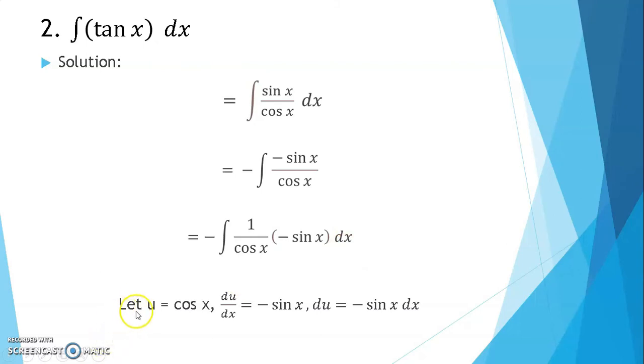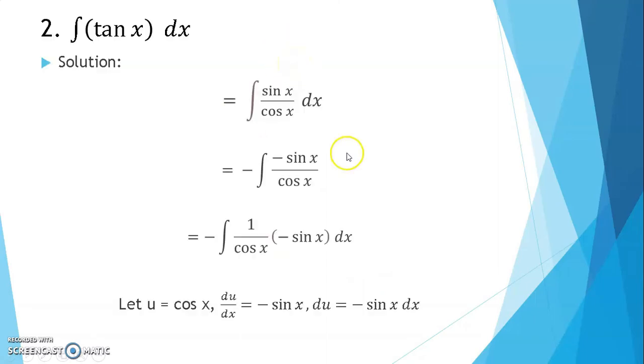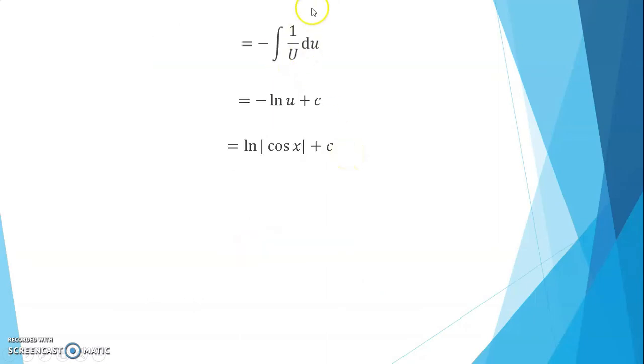So let u equal cos x, and we get du/dx equal to negative sine x. So we can rewrite it as du equal to negative sine x dx.